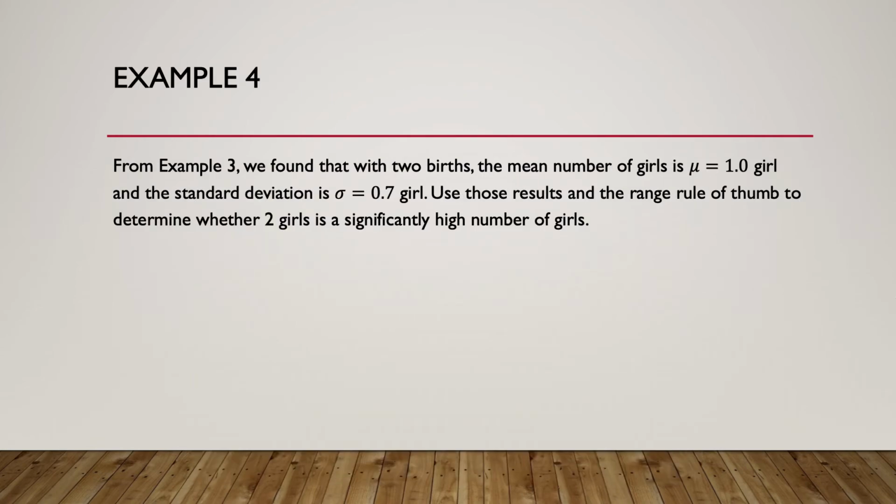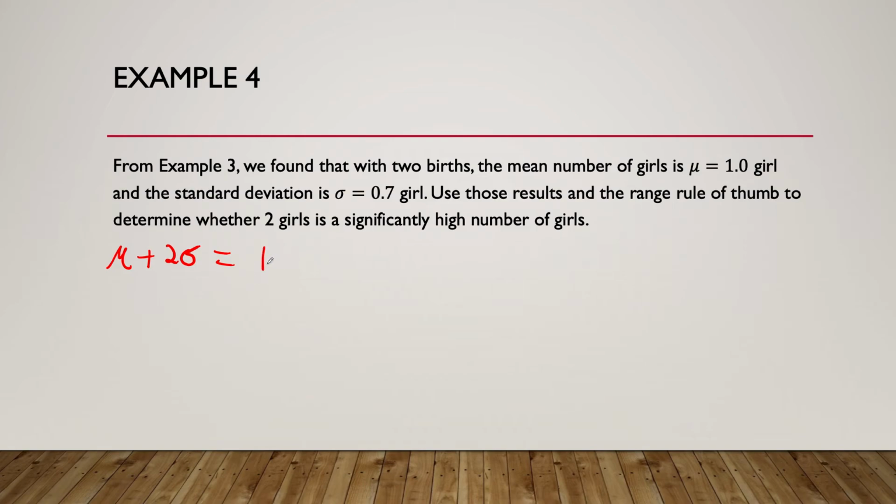So based on example 3, we found that with 2 births, the mean number of girls is 1.0, and the standard deviation is 0.7 of a goal. Using these results, we want to use the range rule of thumb to determine whether 2 girls is a significantly high number. Because this is 2, we only need to look at the mean plus 2 sigma, since subtracting is not going to give us a value of 2 or more.